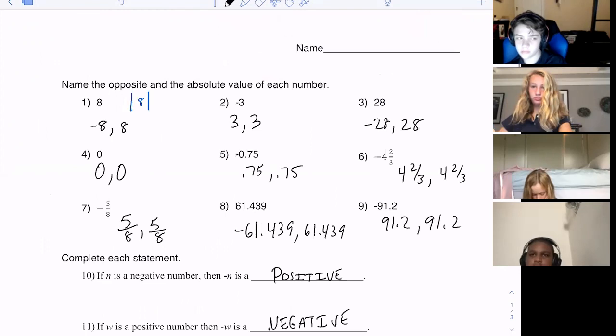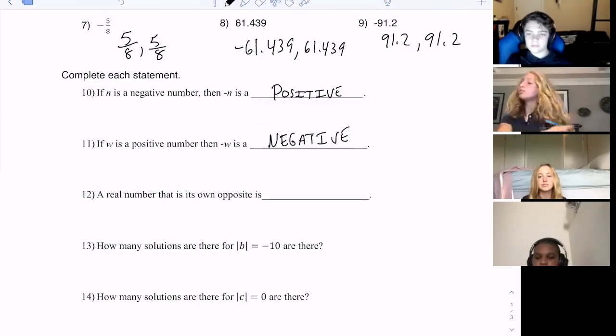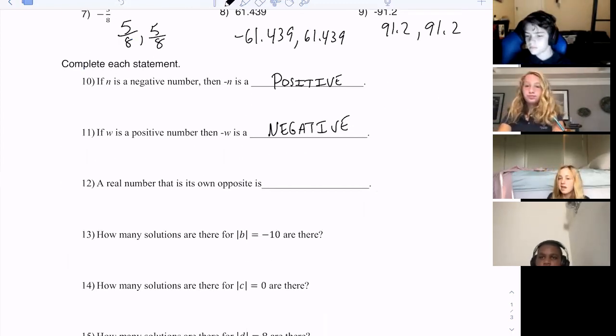It's one of these numbers, numbers 1 through 9. Which one is the same as its opposite? I don't want you to tell me. 0. There you go. Right? 0. Don't give up on it. All right? 0 is correct. Why would it be negative? Well, there is no opposite of 0.